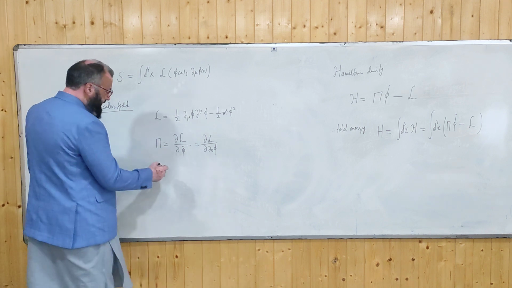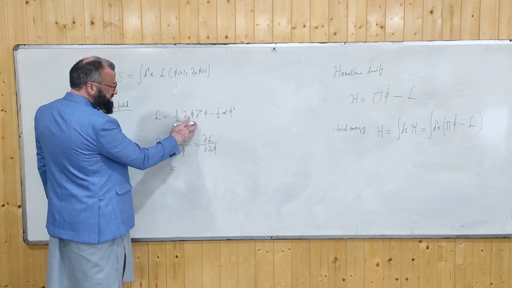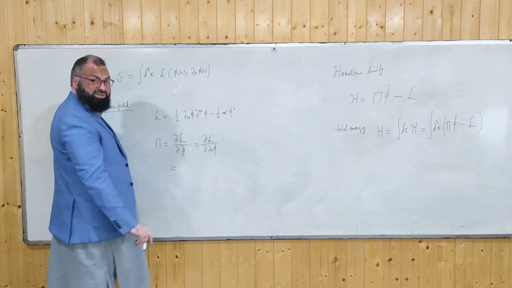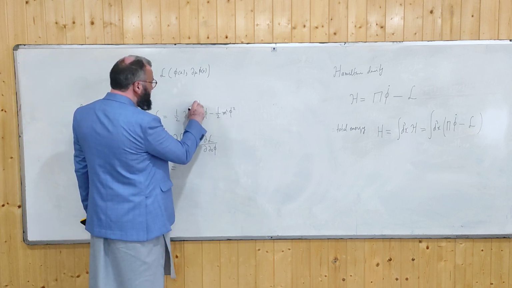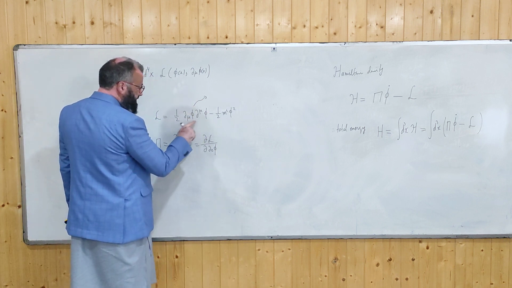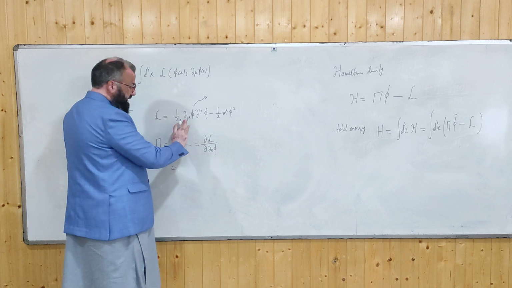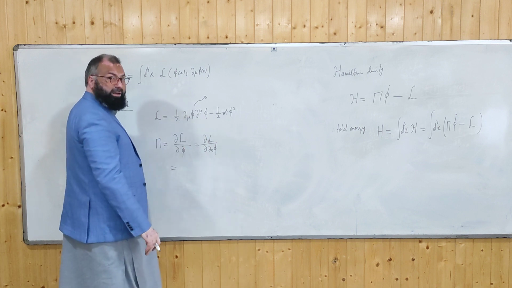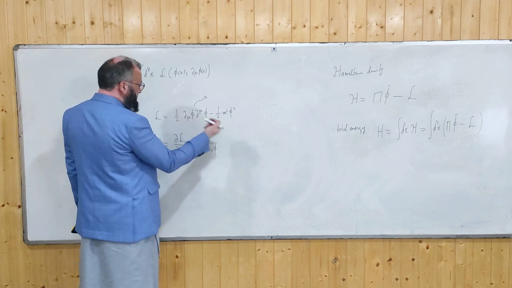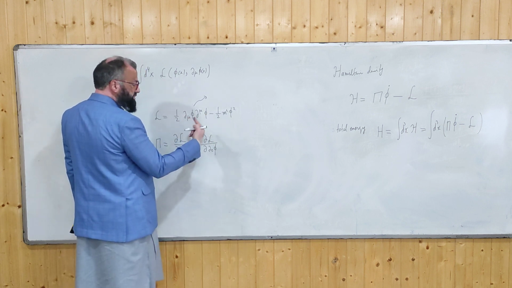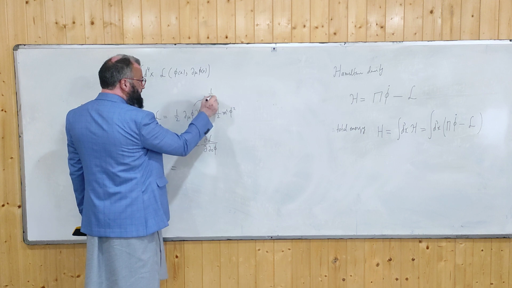You can simply differentiate this thing with mu equal to 0. Or if you are not able to do it, just write it term wise: separate out the time derivative and the space derivative. Since mu goes from 0 to 3, you can write it like this.